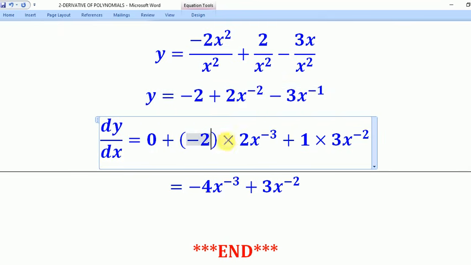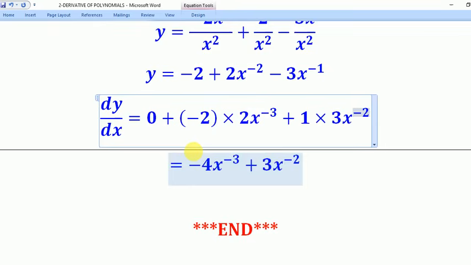Then reduce the power by 1, so negative 2 minus 1 will give negative 3. For this one, bring down the power, so negative 1 times negative 3, you get positive 1 times 3. Then reduce the power by 1, it will be negative 1 minus 1 to give you negative 2.